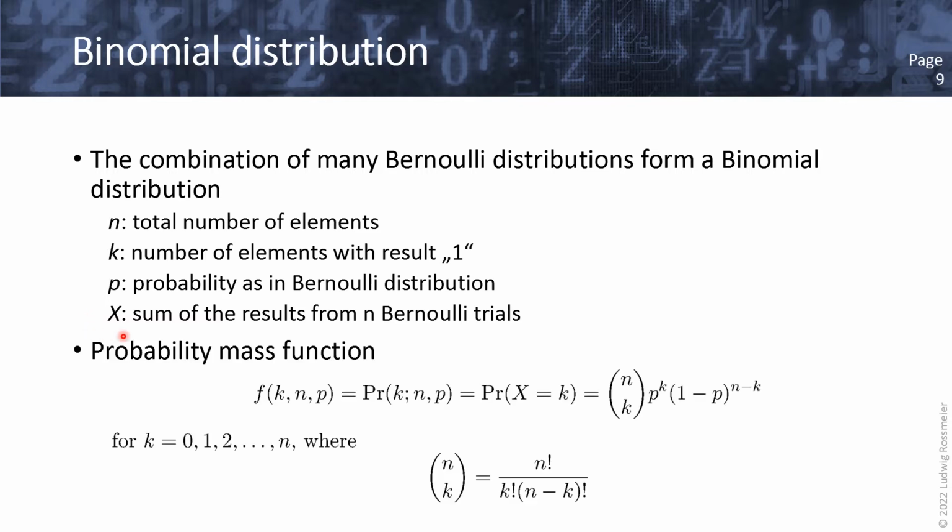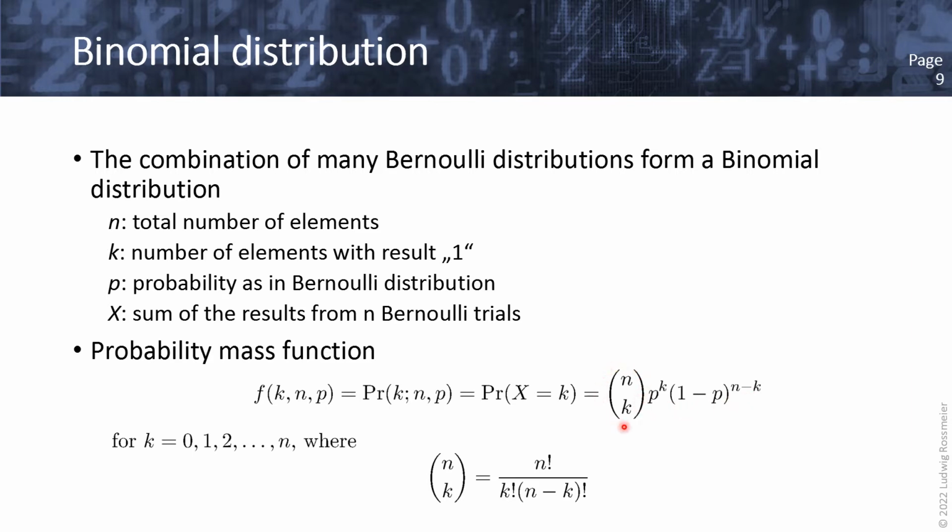The probability mass function of the binomial distribution looks like this, with the probability that the sum of the results from n Bernoulli trials is the same as a certain number k, and this is computed by n choose k times p to the power of k times 1 minus p to the power of n minus k.